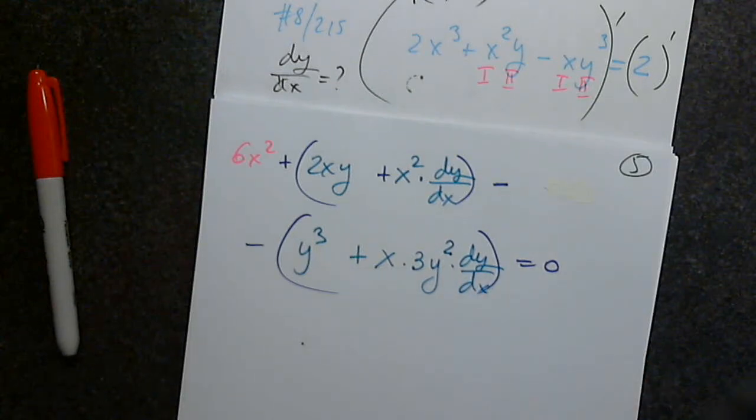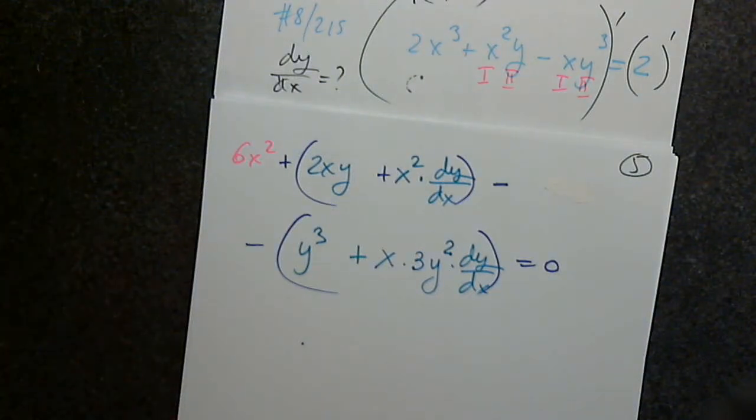I bring down 3, I subtract 1 from the power, and that's why I'm insisting on starting from the outermost function to the innermost function, so you don't miss anything. So 3 in front, subtract 1 from the power, we're still working on the power, times the inner function prime, which is dy over dx.